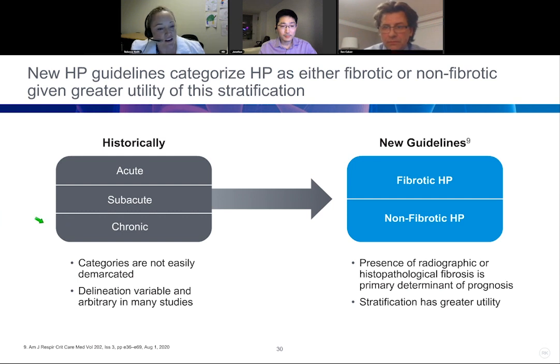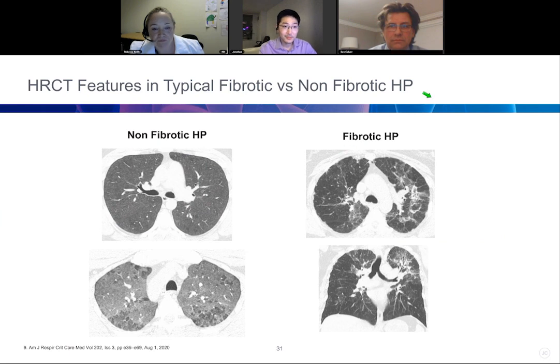There is a lot of clinical overlap between those, and it doesn't get at whether it was fibrotic or non-fibrotic. Certainly chronic or subacute could both be fibrotic or non-fibrotic. So they reorganized these guidelines to just be either fibrotic or non-fibrotic, just to simplify things a little bit. So, Jonathan, you want to talk about that?